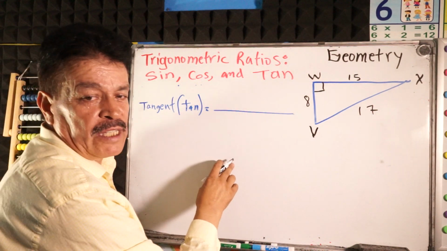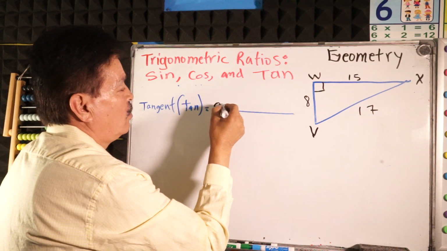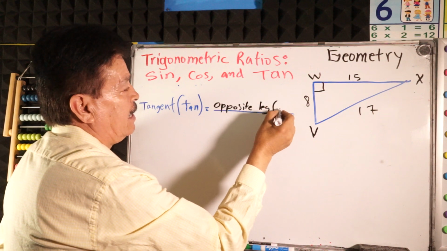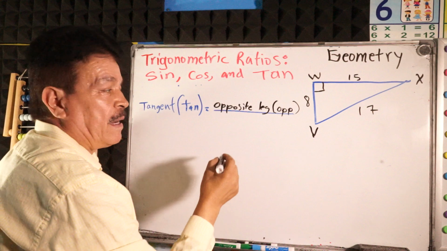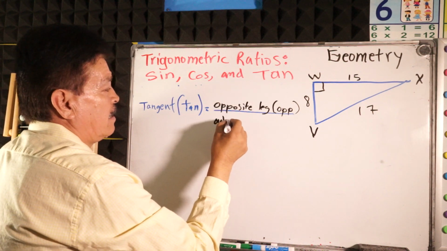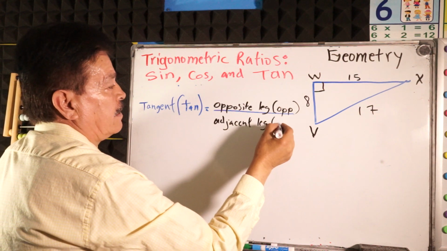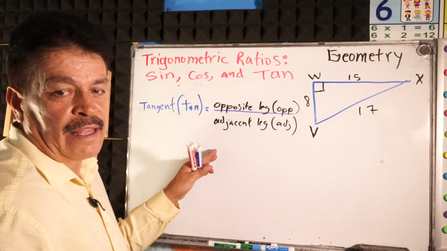Opposite is the opposite leg, and adjacent is the adjacent leg. Just this is the definition.